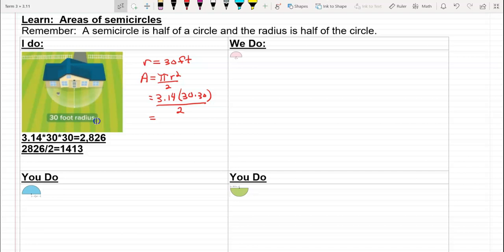And that will be 1,413. And that'll be square feet. All right, so let's move on to our we do problem.